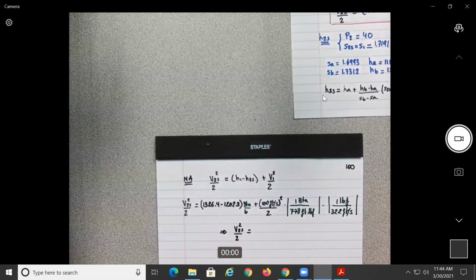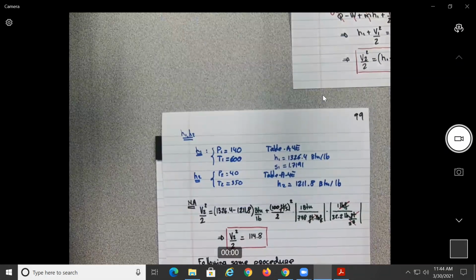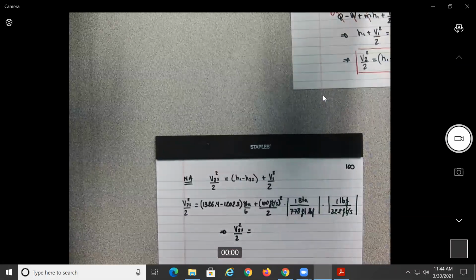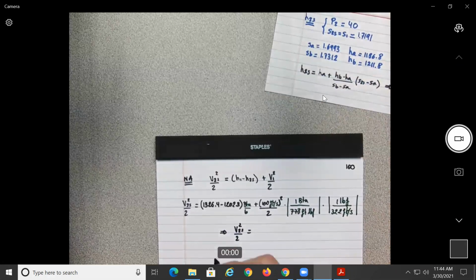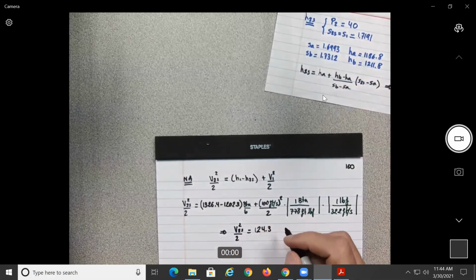What should you get? A higher value or smaller value than the one we had before, than the 114.8? Higher, no? Because it will be the ideal case. So if there were no losses, the ideal case should give you 124.3, and this should be feet per second, okay?